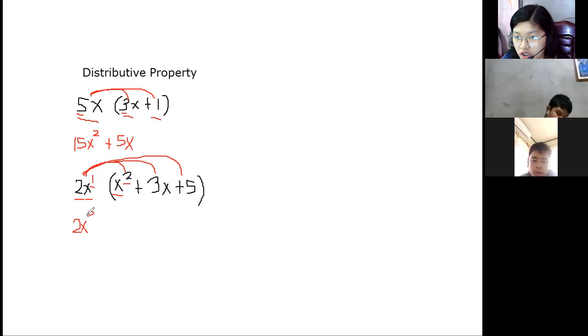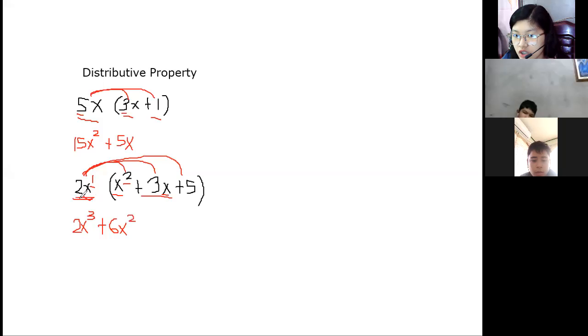3 po. 3. Next, dito na tayo, 2x times 3x. So, yung number muna, 2 times 3, 6 po. Very good, 6. And yung variables, x here and another x. So, x times x, that is x squared po. Very good.